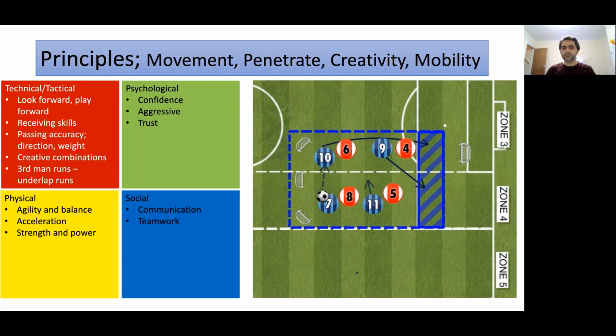I am coaching U7 at the moment, and one of my players has already got the habit of playing a passing game. I don't know how he learned it, but when he has the ball, he just passes the ball immediately.